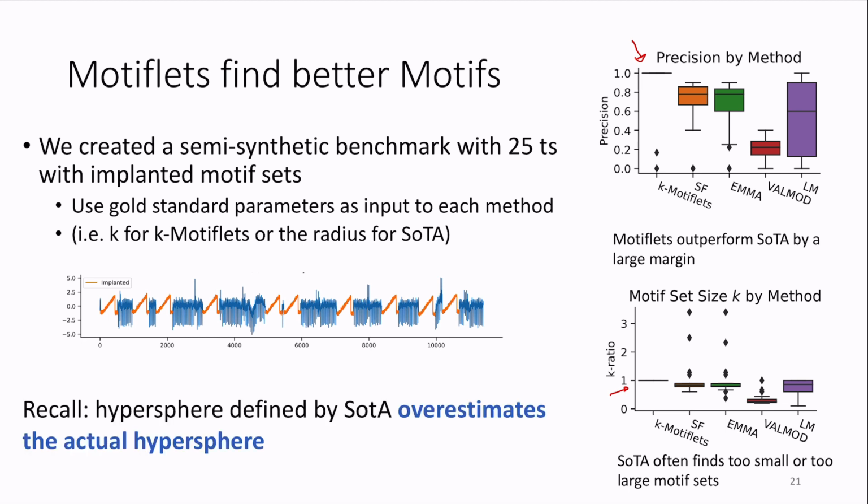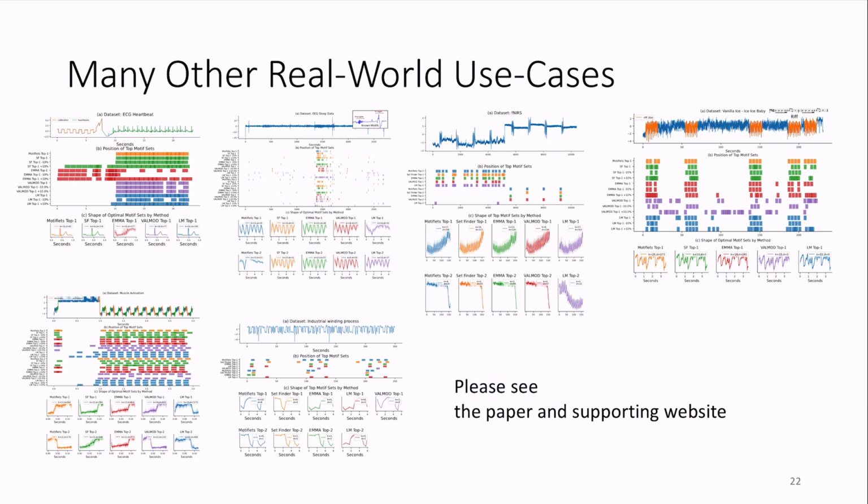And the reason is that the hypersphere defined by state-of-the-art almost always overestimates the actual hypersphere. There are many other real-world use cases in the paper with state-of-the-art competitors, and for all of these, K-motiflets performs better. Please see the paper and supporting website for details.